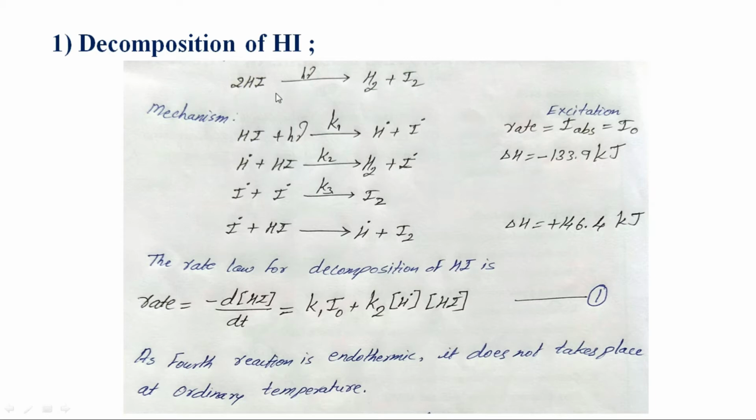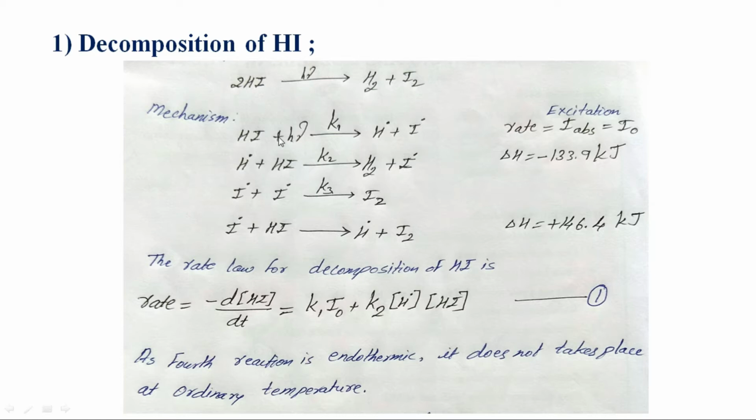The mechanism involved in this particular process is, in a first step, hydrogen iodide absorbs a light and undergoes homolytic cleavage and forms hydrogen and iodine free radical.